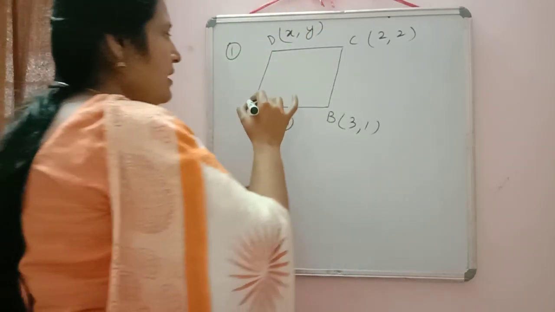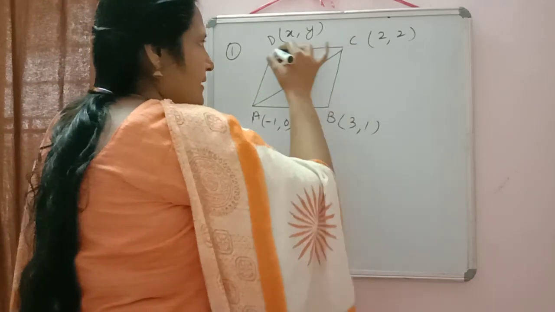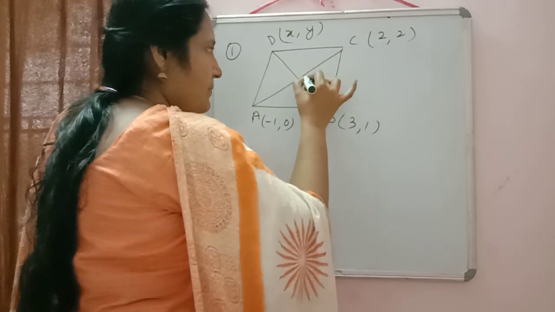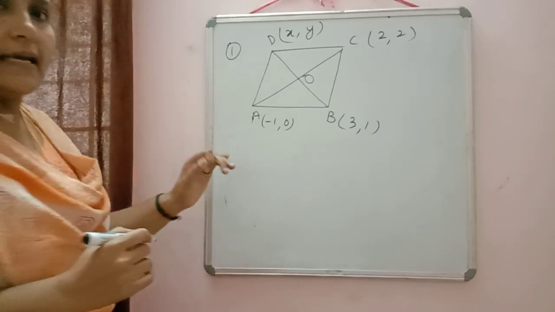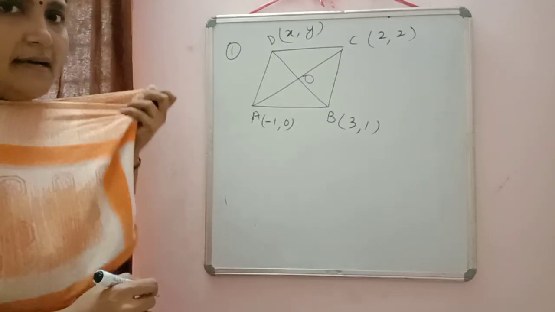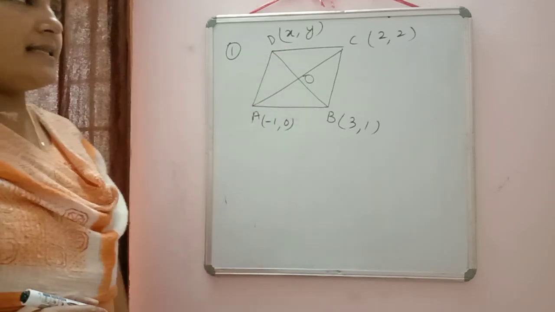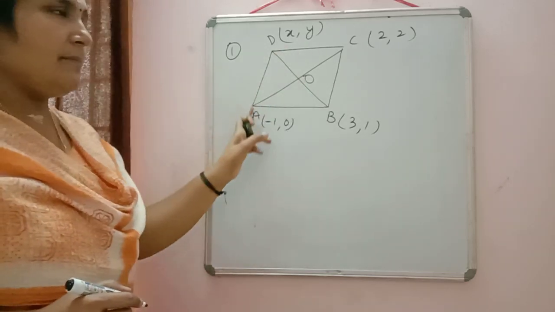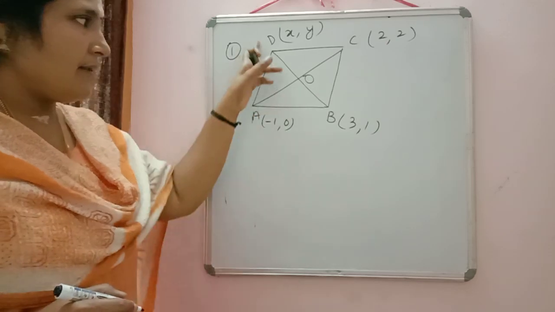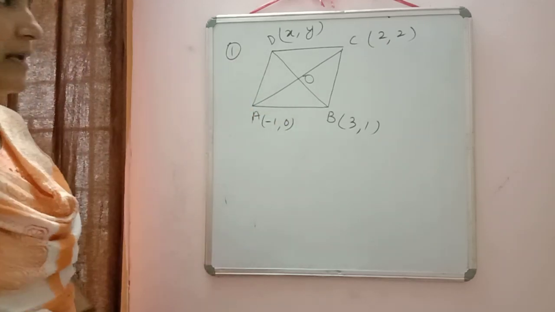Now what we will do? We will join the diagonals, because we have to use that property. In a parallelogram, diagonals bisect each other, meaning O is the midpoint of AC and O is the midpoint of BD also.